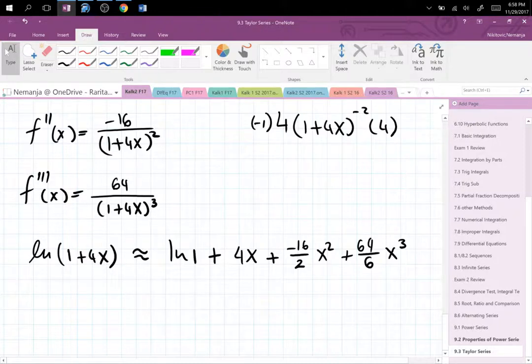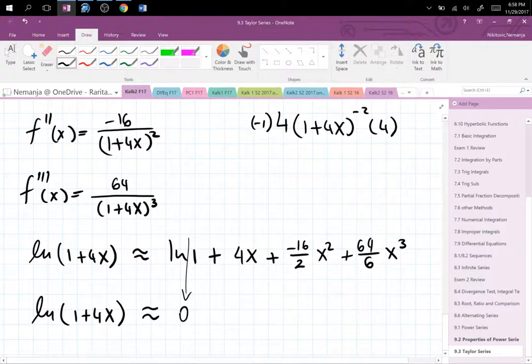So now to simplify this, ln of 1 is 0. Alright, 0 plus 4x minus 8x squared plus, and now we cancel here, 32 over 3 x cubed.